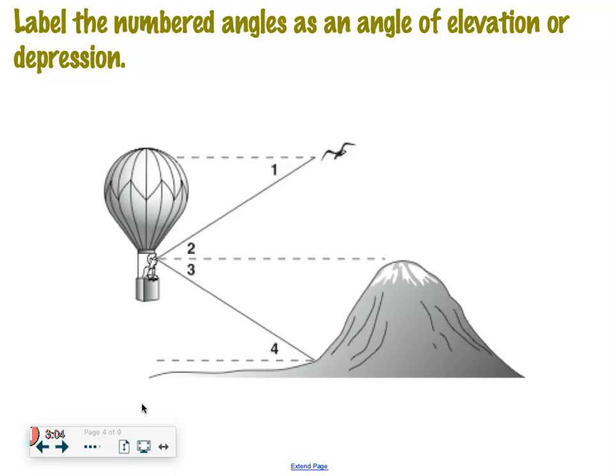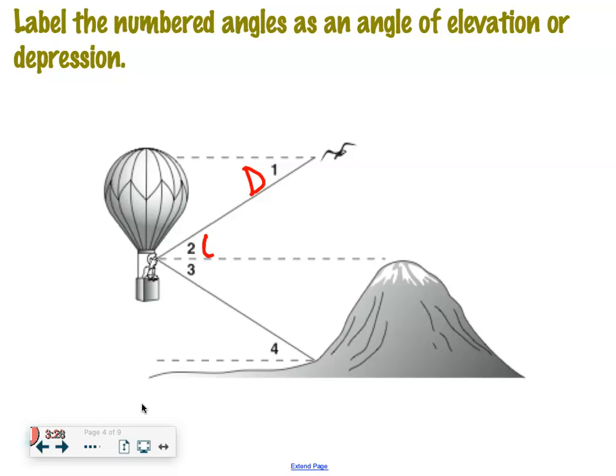Okay, what'd you guys put for one? This guy right here, the bird. Anyone? No one has a guess? Number one. Elevation. No, depression. Depression, right below this horizontal line. Okay, what about 2?